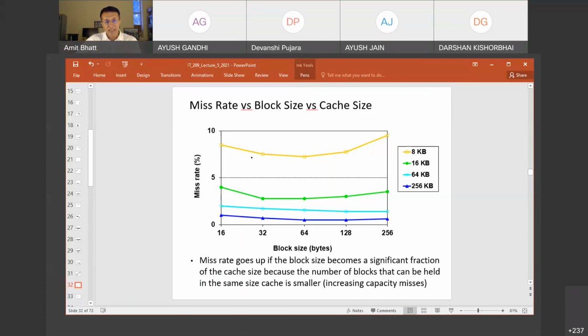Then it drastically comes down to around, say, 6.5 or maybe 7.5 or something. And then, if you increase it to 16 words, 64 bytes, then it is the lowest, probably around 6%, 6.5% or something. But if you still keep on increasing the block size to say 32 words, then again your miss rate starts increasing. And when you make it 64 words, then again it jumps up.